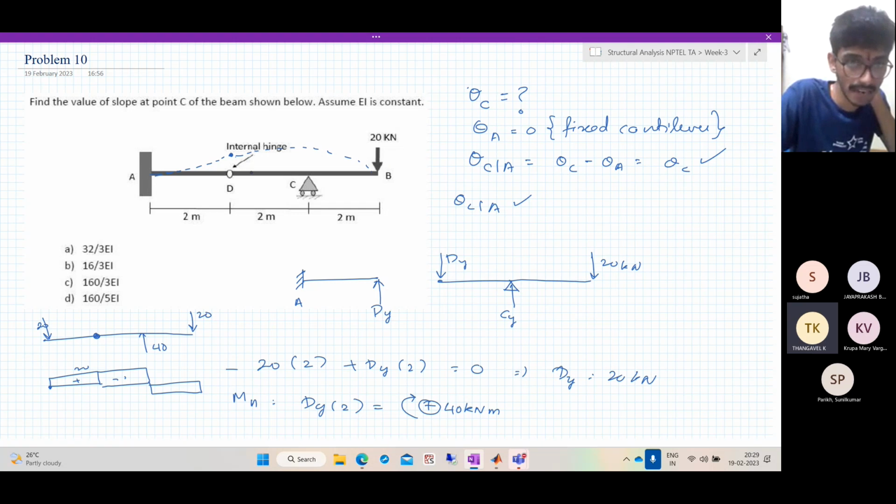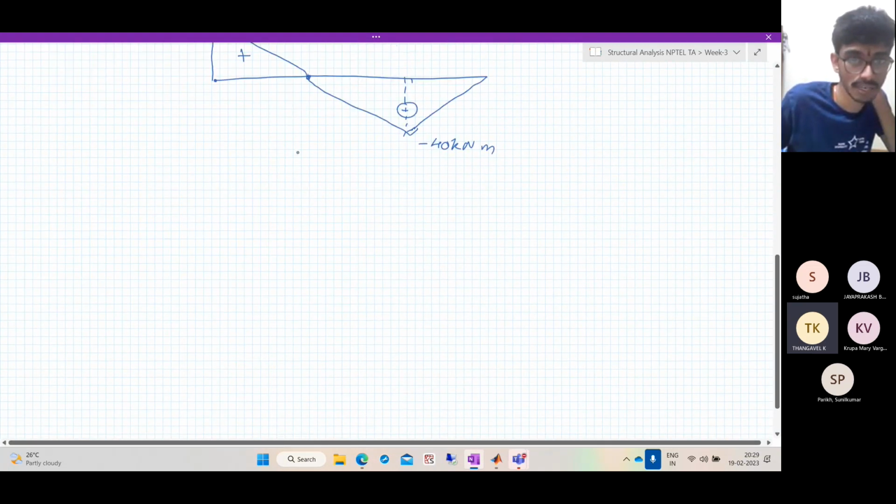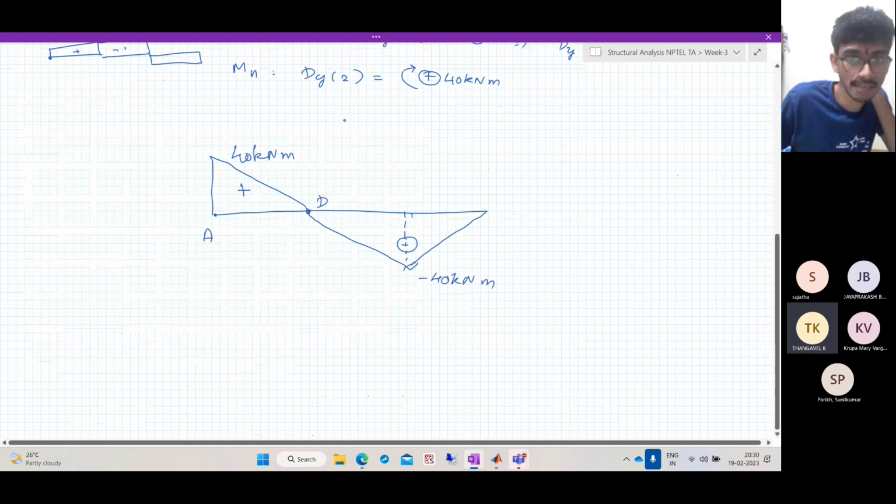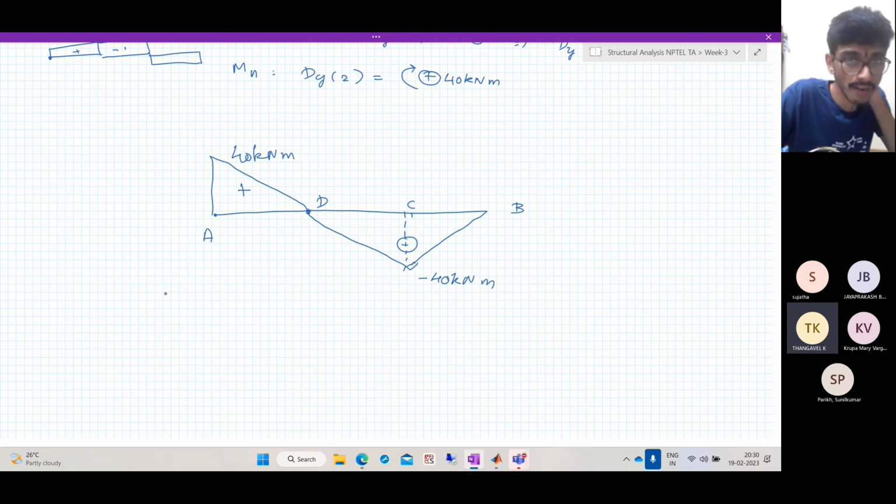Okay. So let us find the displacement of the point, and from that point, let us try to find out. So what is the displacement of the point D? Now, given this, this is point A, D, C and B. Displacement of point D is nothing but tD with respect to A. And that is nothing but half into 40 into 2 into 2 by 3 into 2.